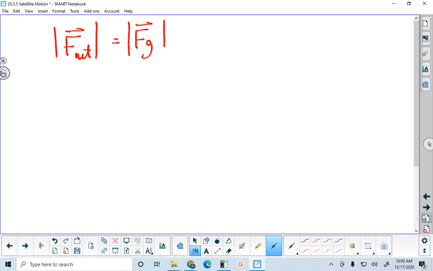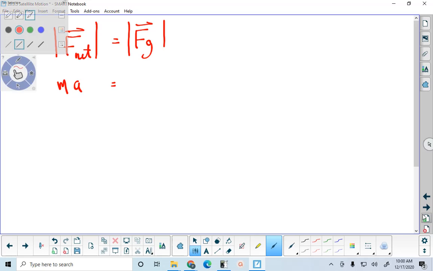You go to your formula sheet and you say that F net is mass times acceleration. And then you say the acceleration is centripetal. So you do not have a formula that says F net equals MAc. You have a formula that says F net equals MA, and then we say centripetal.